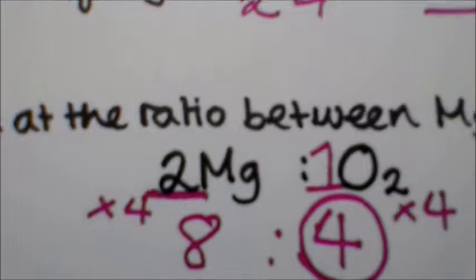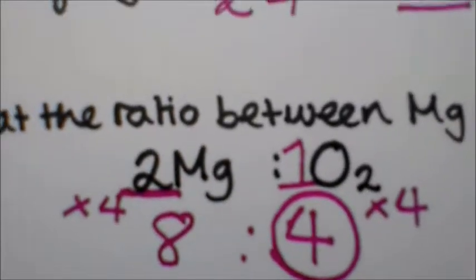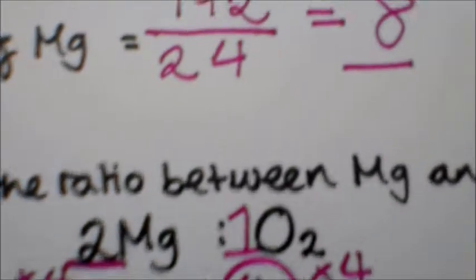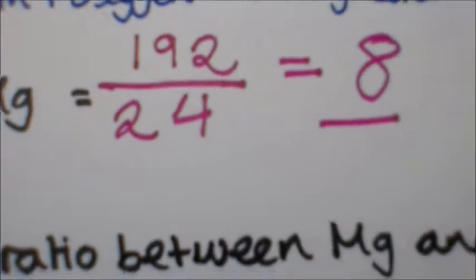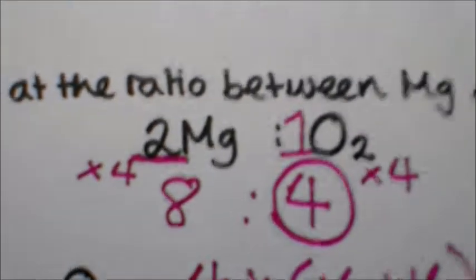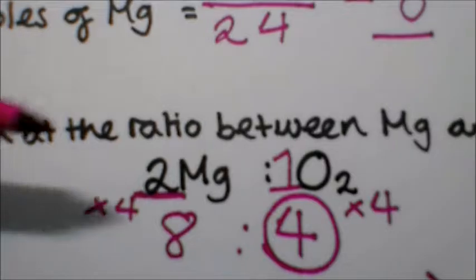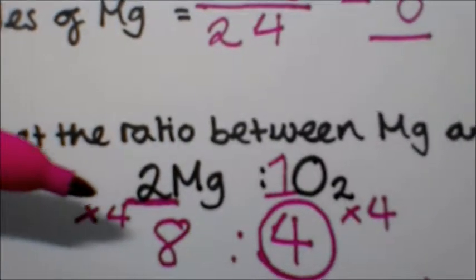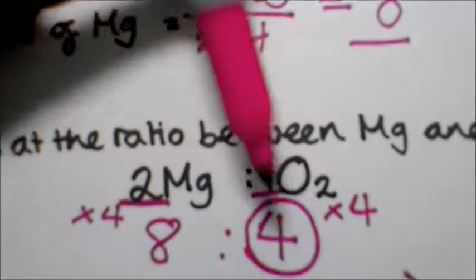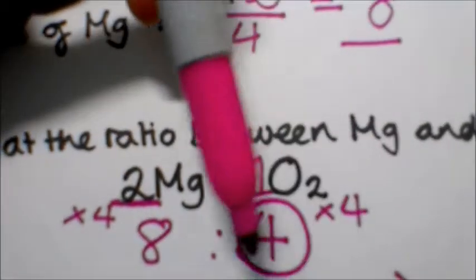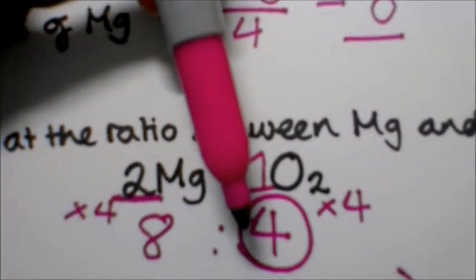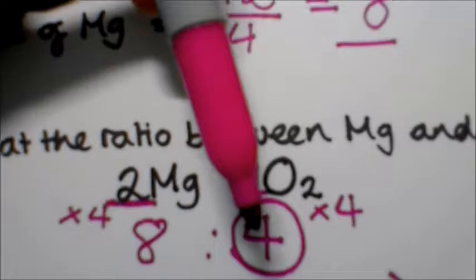So it is 2 to 1. We now know that there are 8 moles of magnesium, so in order to get to 8, you multiply by 4. You do the same on the other side. 1 times 4 is 4. So we know there are 4 moles of oxygen.